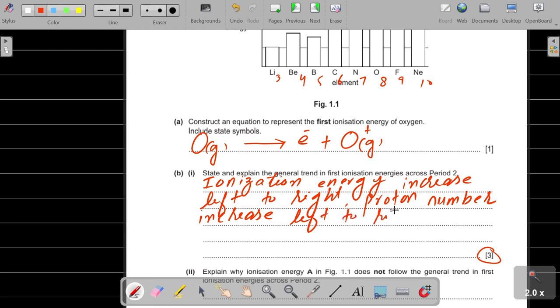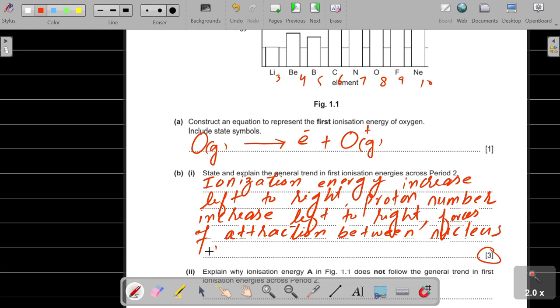That is why the forces of attraction between the nucleus and valence electrons increase. So it is the reason that the forces of attraction between nucleus and valence electrons increase.